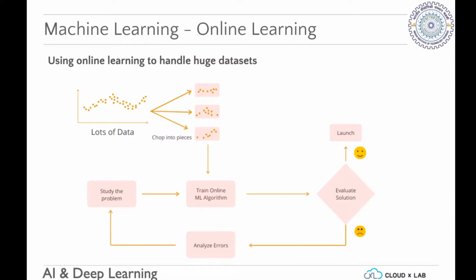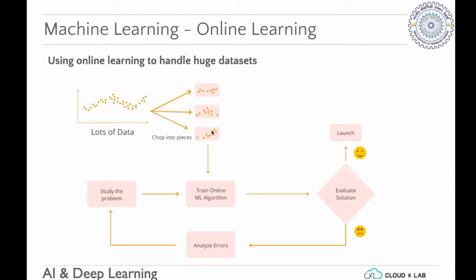So now you can see why online learning helps with huge data sets. What happens when you have lots of data? You chop it up into multiple pieces. Some of these concepts are what's called big data, which is essentially how to manage huge amounts of data with lots of small computers. Typically, you take the big data and break it up, divide and rule.